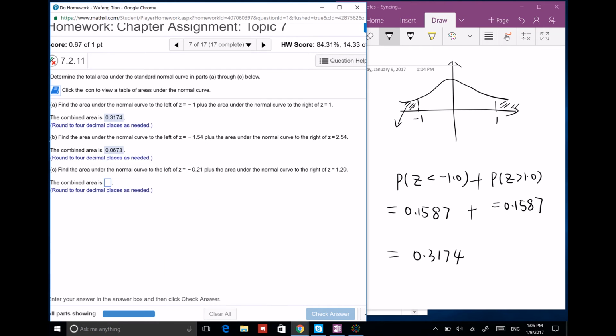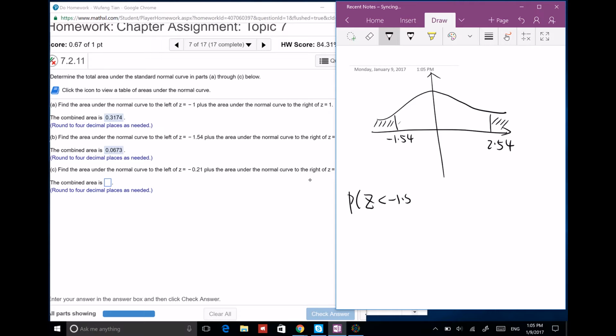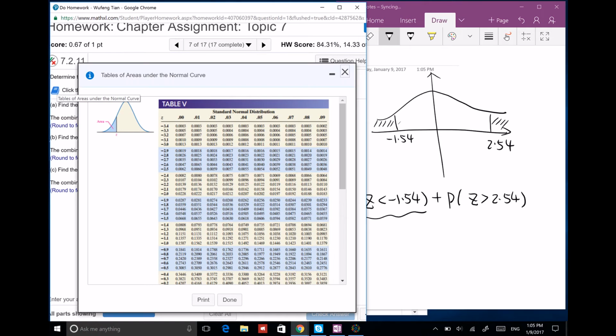Okay, so next one will be the same idea. So between, but this is not symmetric, the next one. So you have to find negative 1.54 and 2.54. So what you need to do is the probability of z less than negative 1.54 plus P of z bigger than 2.54. So this one you can read the table: negative 1.5, then 0, 1, 2, 3, 4.